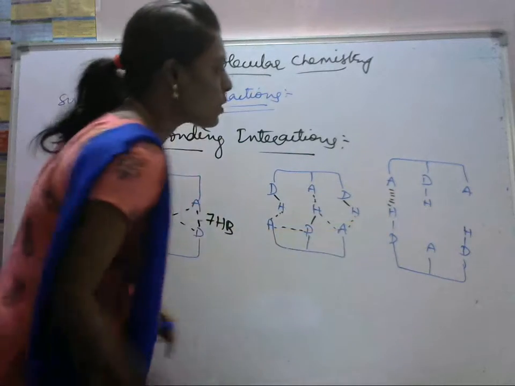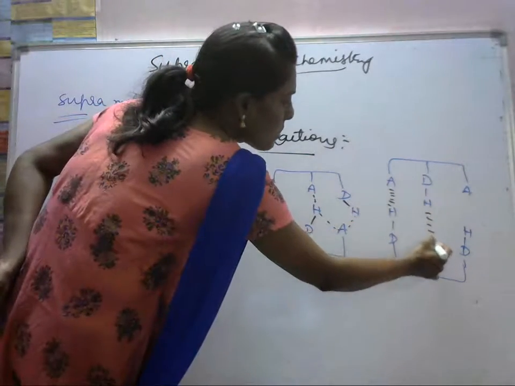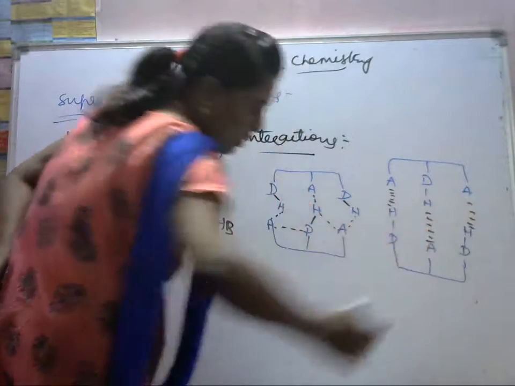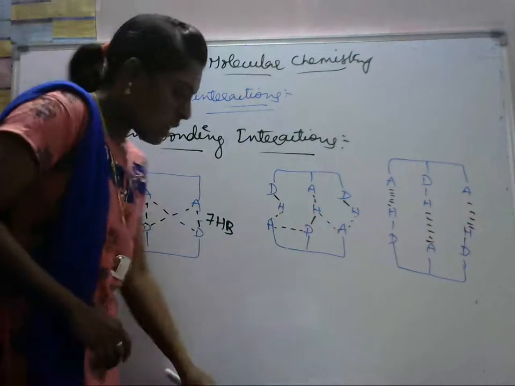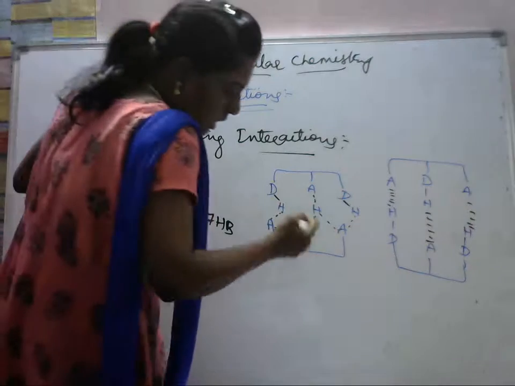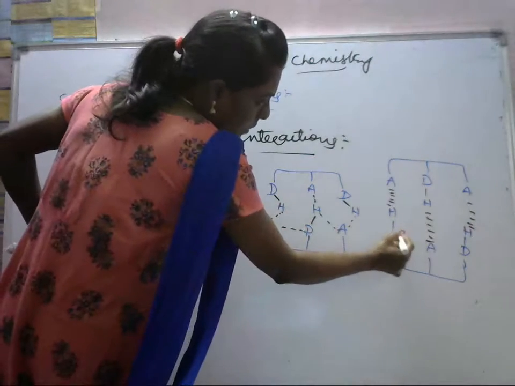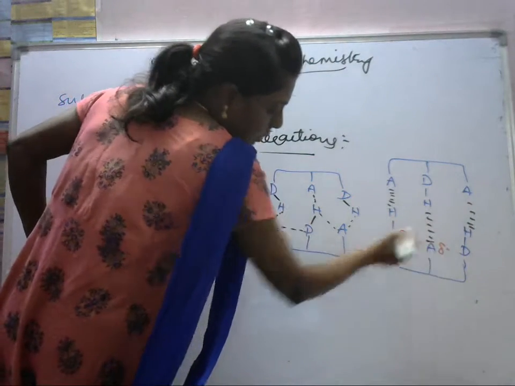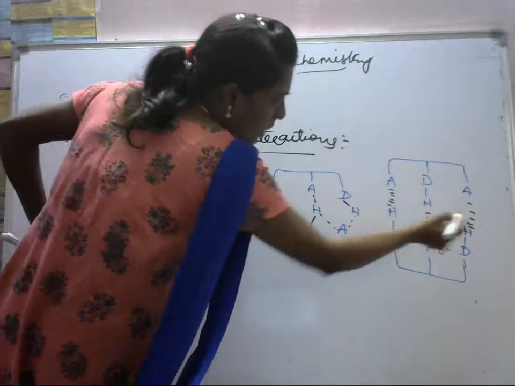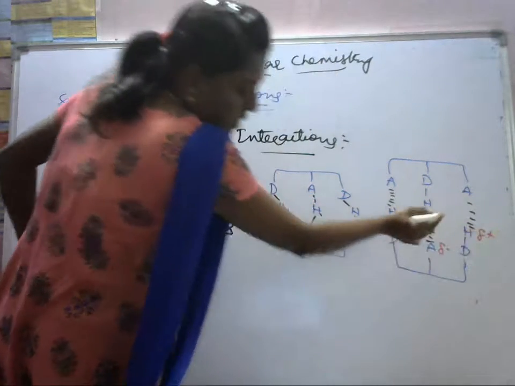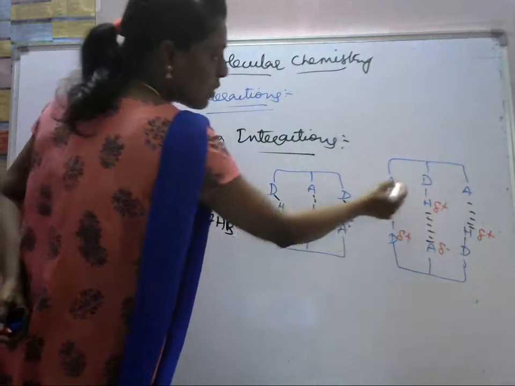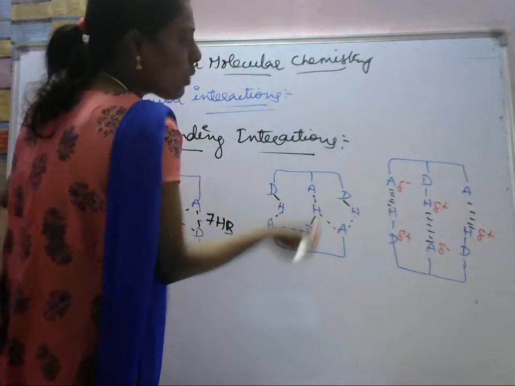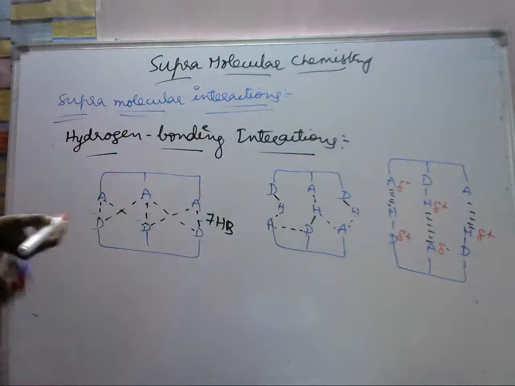Like that it is present here also. The donor has a slightly positive charge and the acceptor a negative charge. Here the hydrogens have a positive charge, and here it has a minus charge.